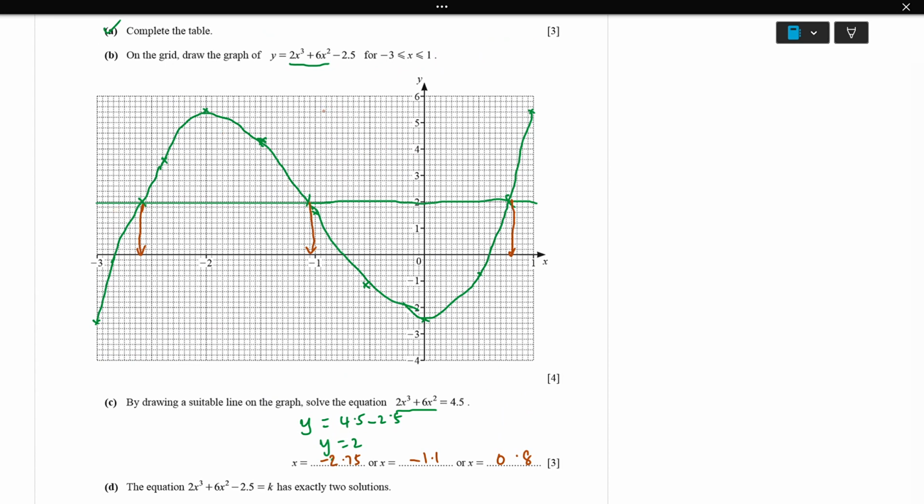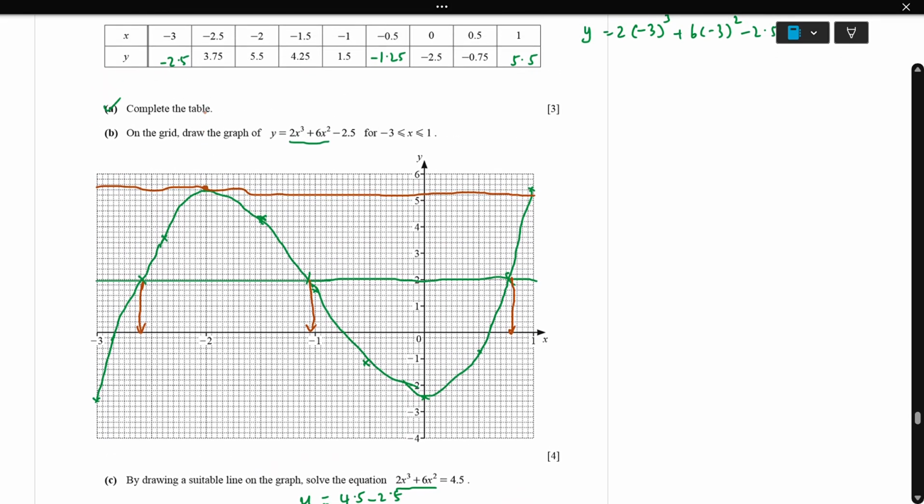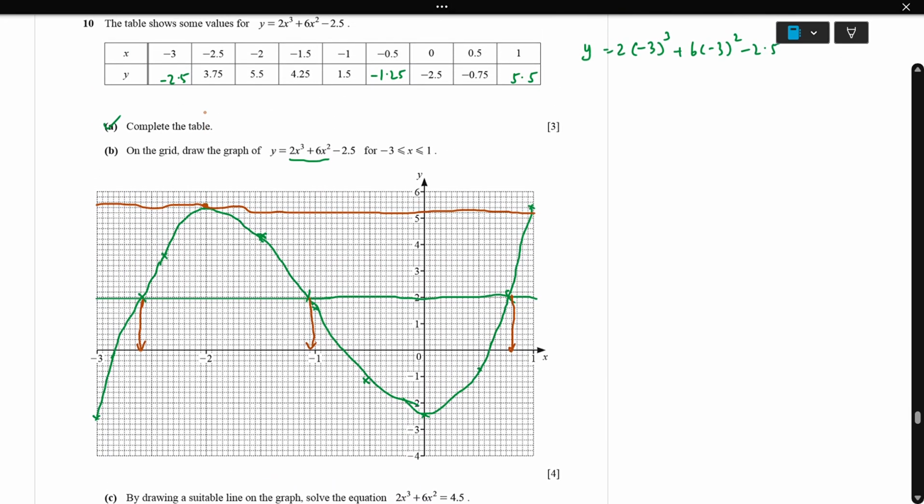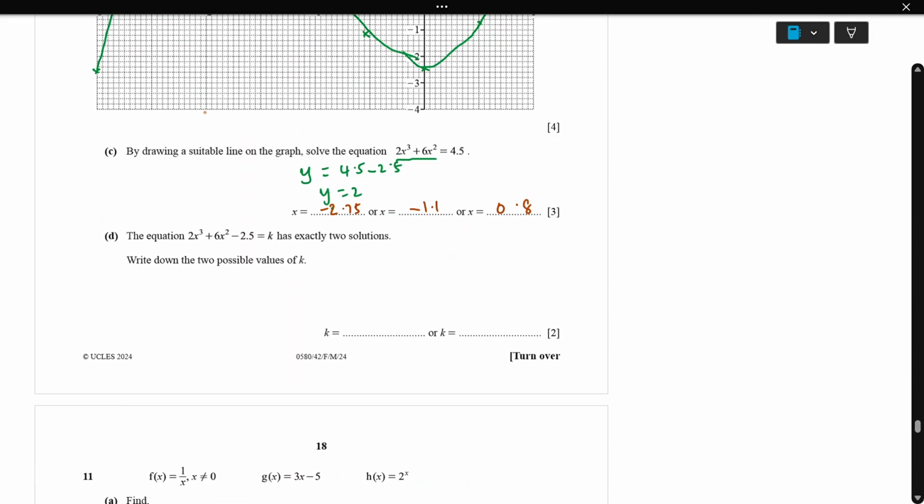Now the line must intersect in only two places. When we draw a line here, this is one place, and here is the two places. So this is the maximum value, which is 5.5. One is 5.5.